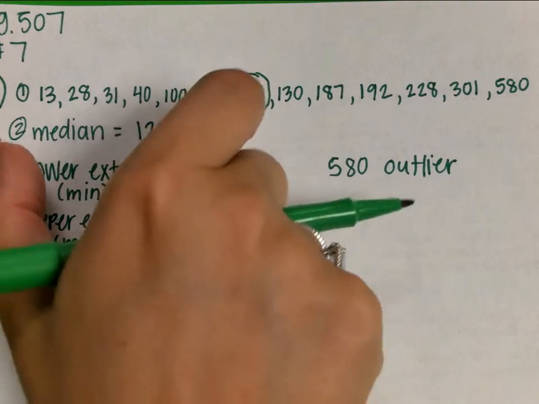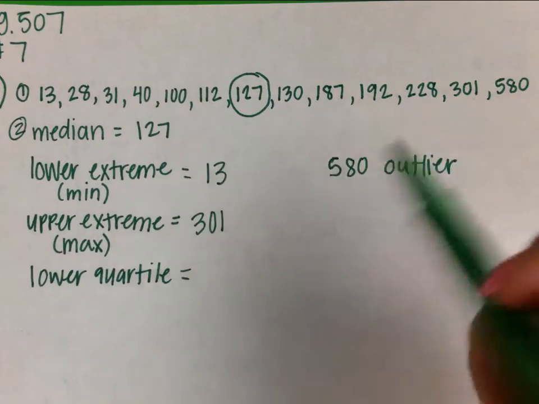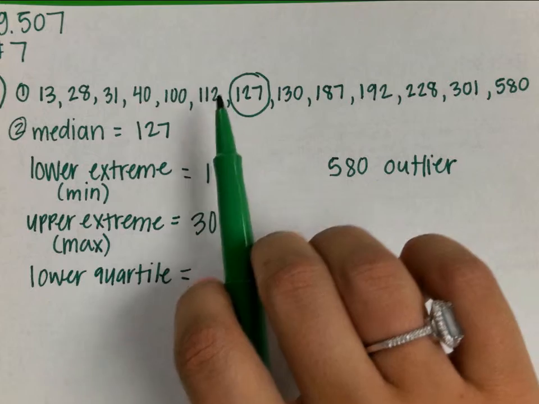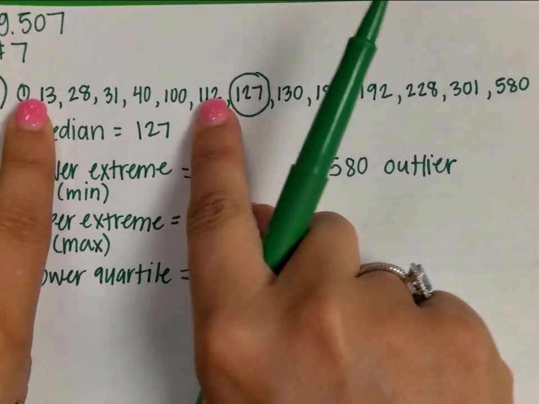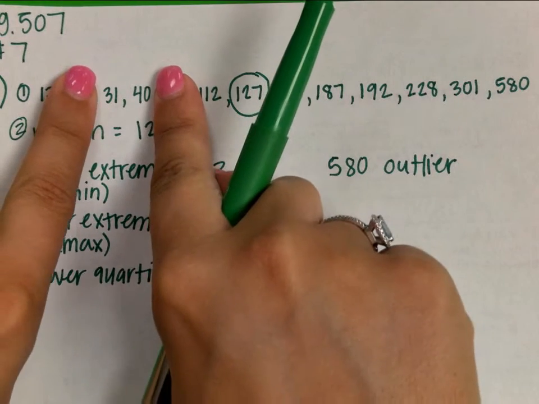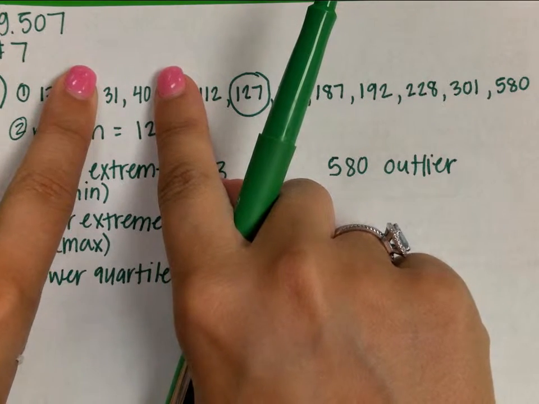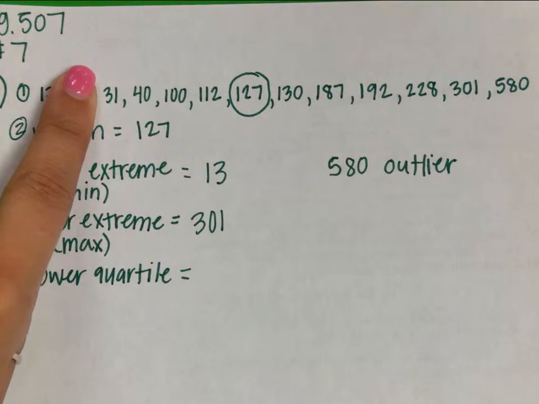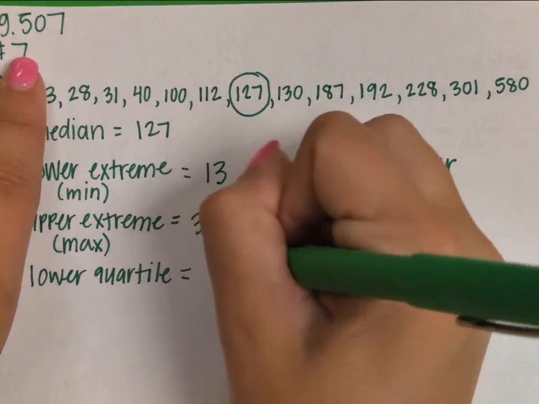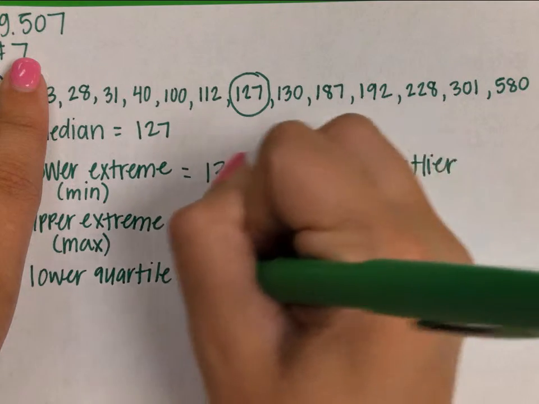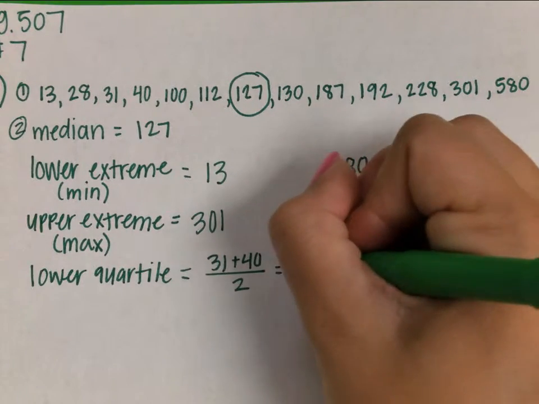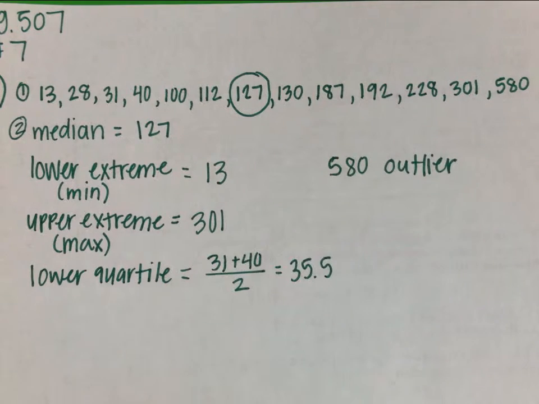So it's the median of my lower half. So remember, like Amaya asked, do I include this 127? No. So I'm going to start at 13 and 112, and I'm going to work my fingers in. So I've got 31 and 40. So how do I get that? I've got to add those two middle numbers and divide by 2. And what is it? 35.5.